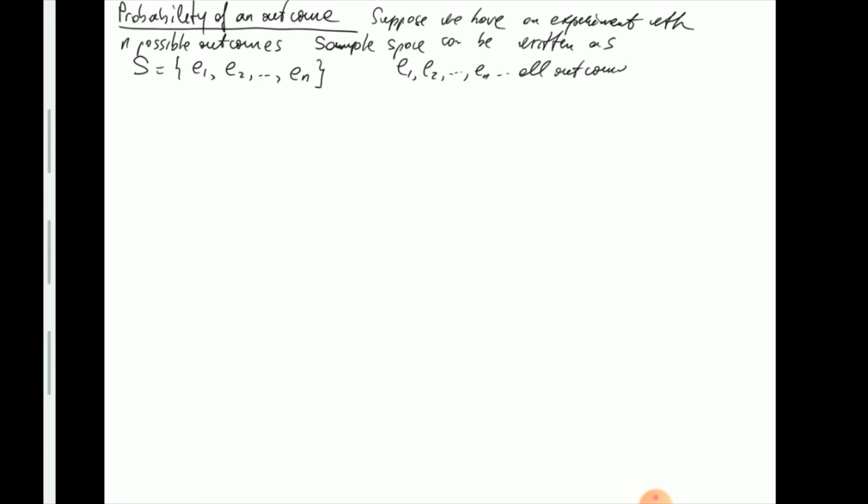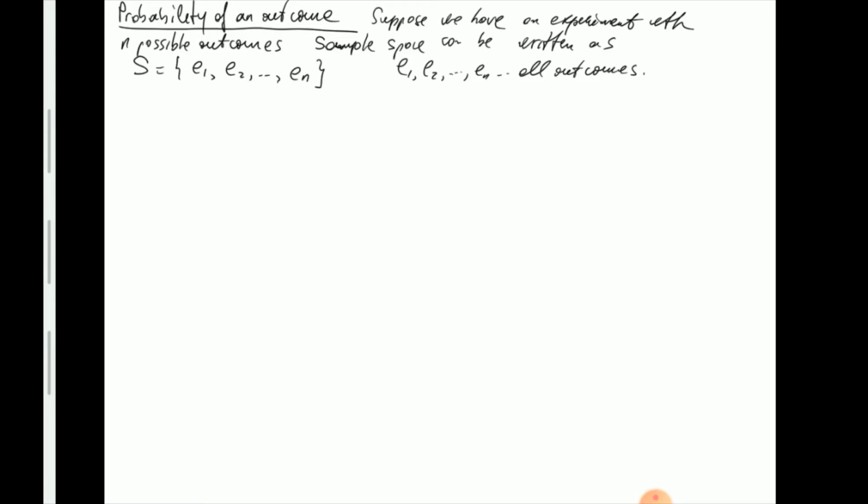So that means the sample space can be written as S equals the set made of E1, E2, En. This is a typical notation for each outcome. So E1, E2, En, these are all outcomes of that experiment. Like in the previous case with rolling a die, you can think of E1, E2 up to E6 as being 1, 2, 3, 4 up to 6.